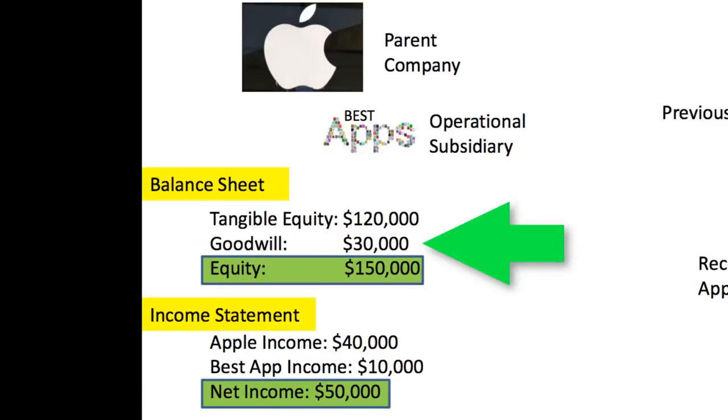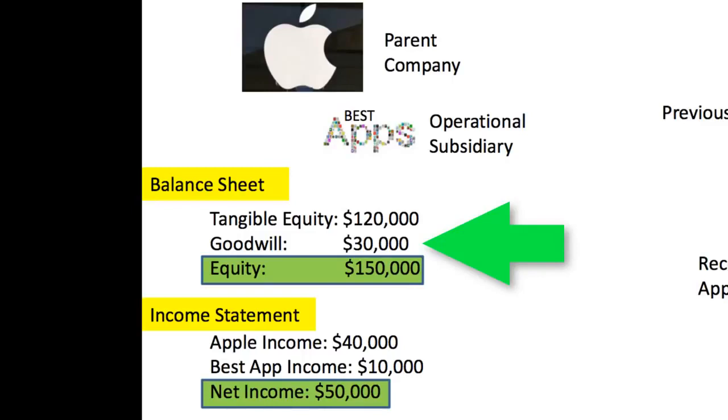So how are we listing that $30,000 on there? What it is, it's nothing more than us being able to add an asset to our account of the goodwill that we paid over the equity of the company. So since we paid $50,000 for $20,000 of equity, there was an additional $30,000 of goodwill that we paid to Ted, and now we get to add that onto our balance sheet even though we already paid it to Ted.